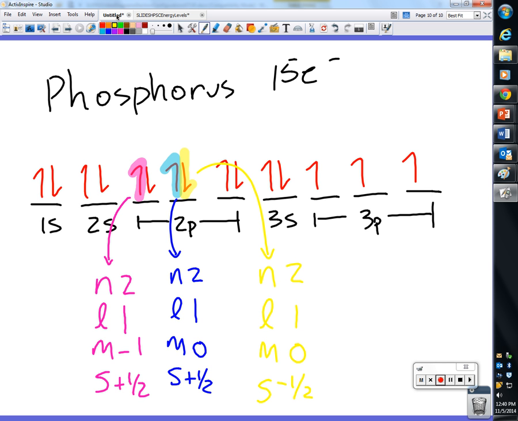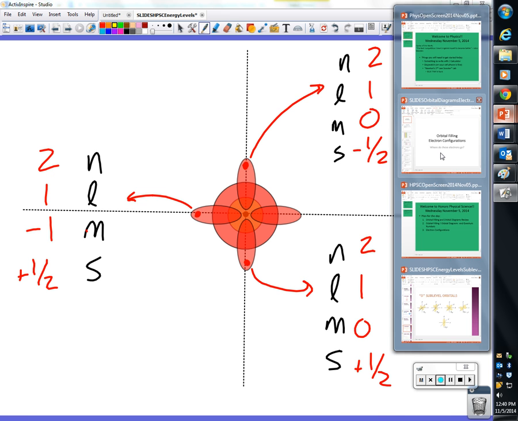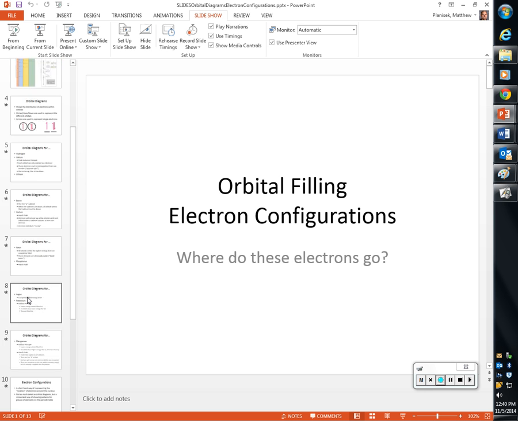Orbital diagrams for those atoms could get pretty out of control. So the last thing that we do is continue to a shorthand representation of this picture, which we call the electron configuration.